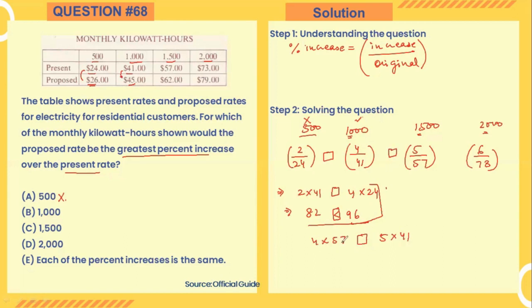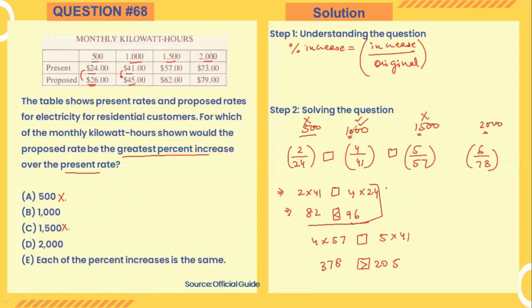So that is 228 here, and 5 times 41 is 205. So this is greater. That means the second ratio, that is for 1000, is greater as compared to 1500. The left hand side ratio comes out to be less. Option C also gets eliminated.